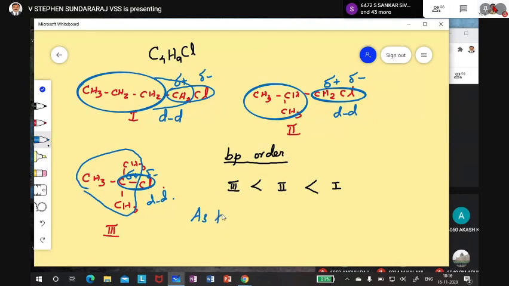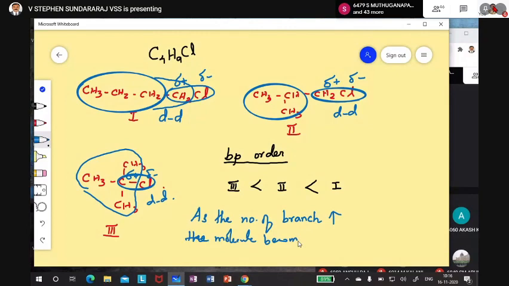As the number of branches increases, the molecule becomes more and more compact.